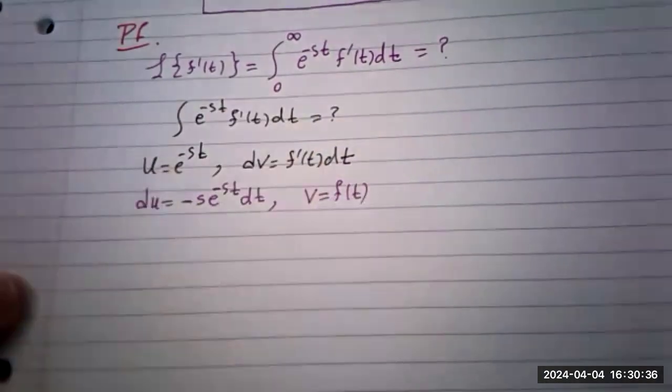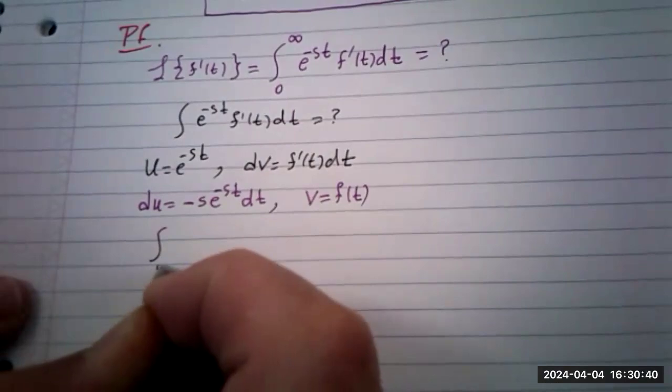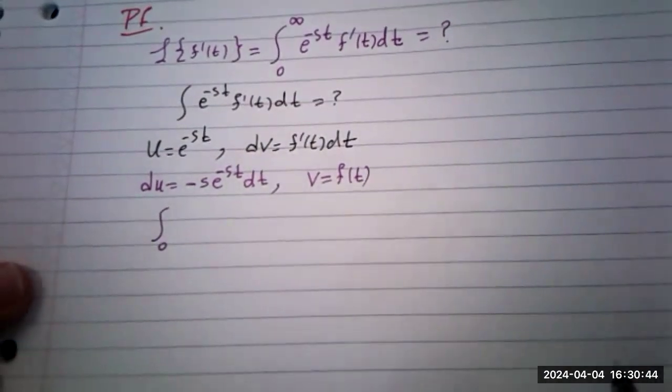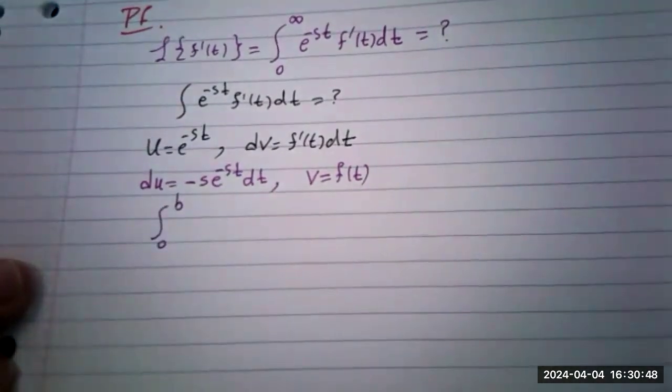Now go back and write the integral. Eventually you have to find 0 to infinity. It's an improper integral, so we have to find something like 0 to b first, then we take the limit.